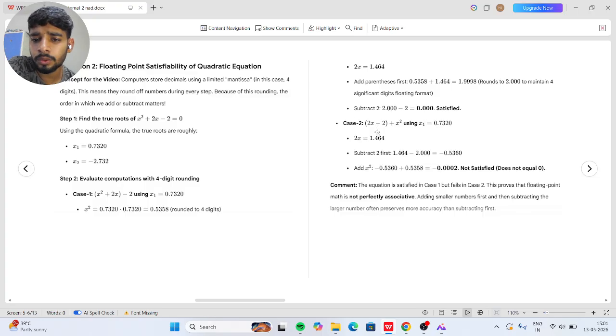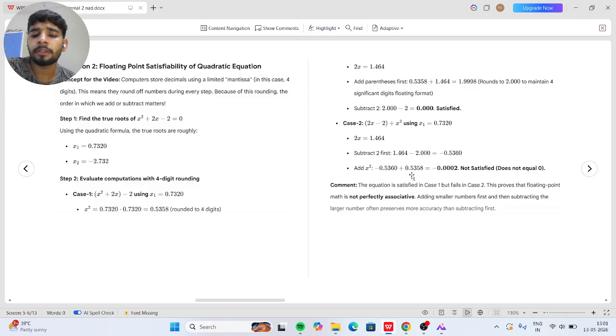In case 2, 2x minus 2 plus x squared. Using x1 equals 0.7320, 2x equals 1.464. Firstly, subtract 1.464 minus 2, which gives minus 0.5360. Now add x squared to it: minus 0.5360 plus 0.5358 equals minus 0.0002.